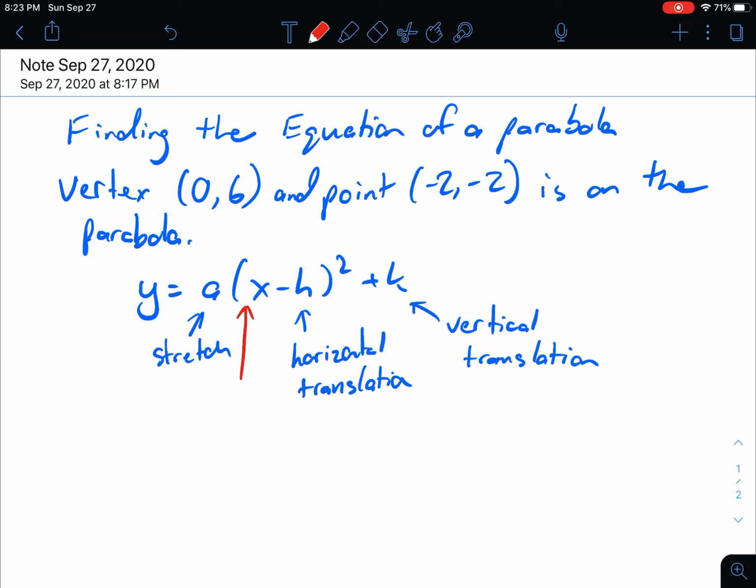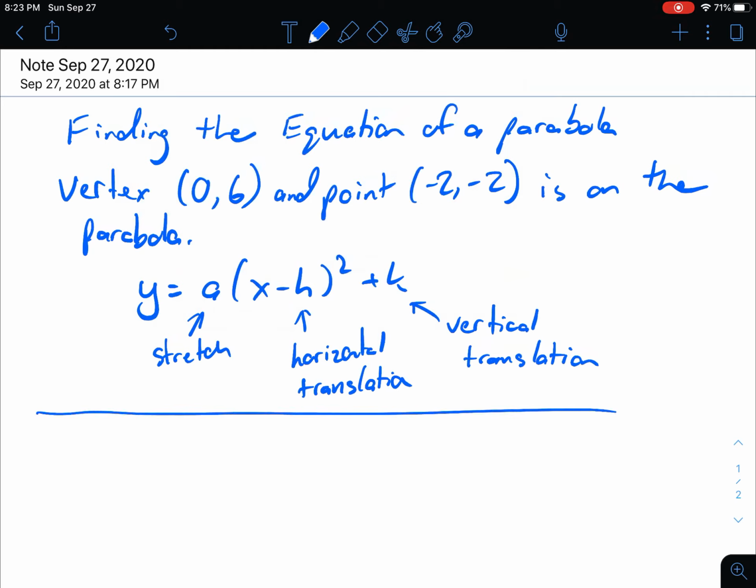You have to use things like Desmos and graphing calculators. There are different strategies you can use to solve that type of equation. But for this one, I just know it's going to be a very simple type of parabola, and I'll show you how to get the equation using this model with the a, the h and the k. Okay, so how do we actually solve this thing?